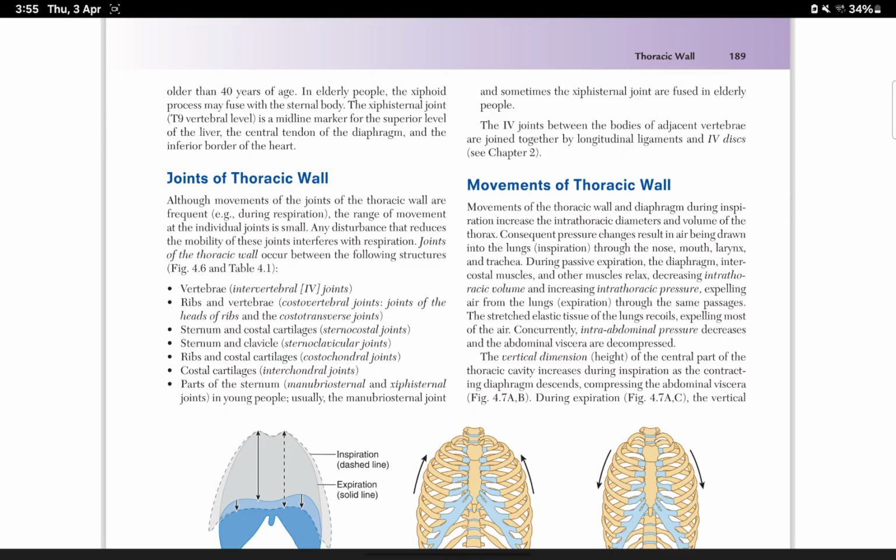Joints of the thoracic wall occur between the following structures: vertebrae, that is intervertebral joints; ribs and vertebrae, costovertebral joints; sternum and costal cartilages, sternocostal joints; sternum and clavicle, sternoclavicular joint; ribs and costal cartilages, costochondral joints; costal cartilages, interchondral joints; and parts of the sternum, manubriosternal and xiphisternal joints.